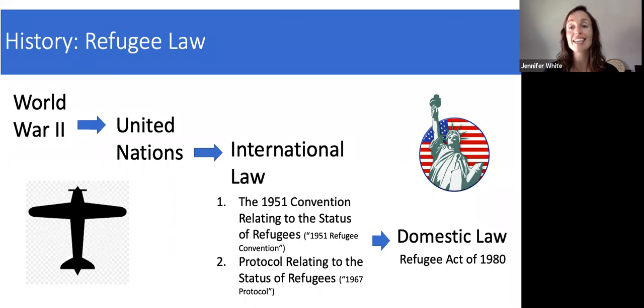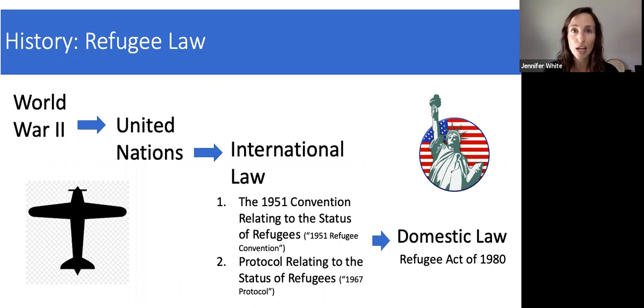And the US did sign on to that treaty, meaning the US is legally bound through this international treaty to resettle refugees. So this is why when you see on the news advocates talking about, we have an international obligation to protect refugees and asylum seekers, this is why.